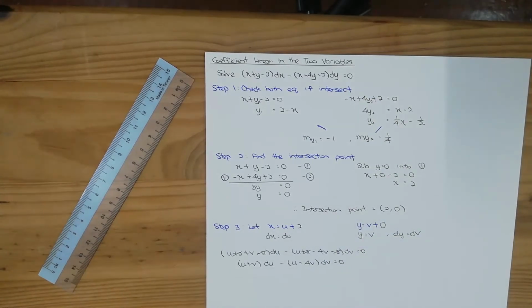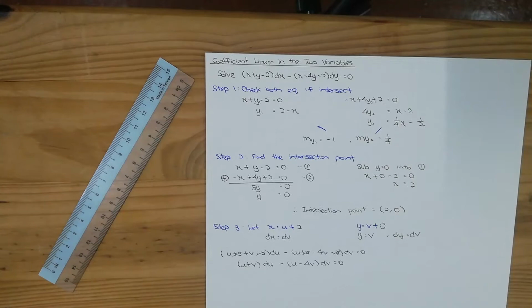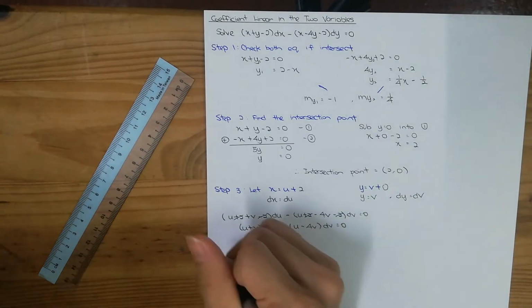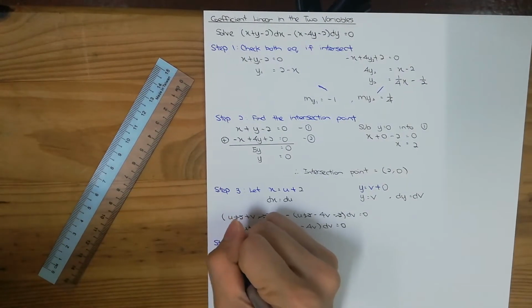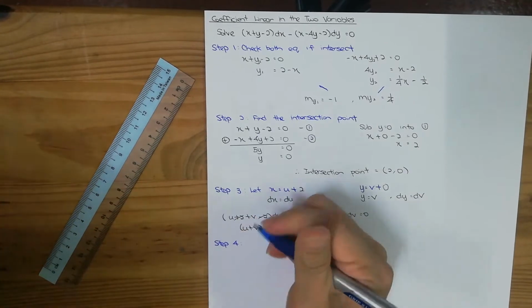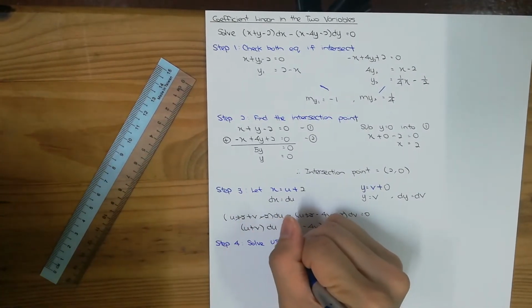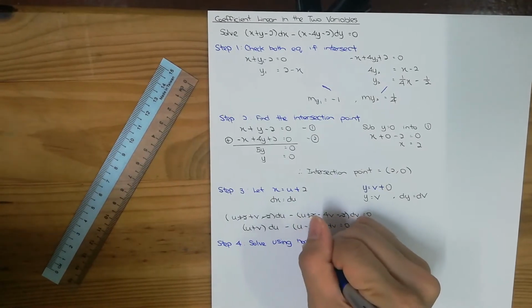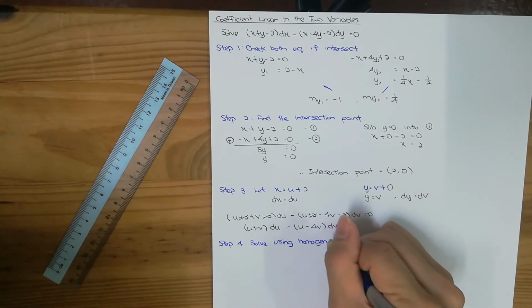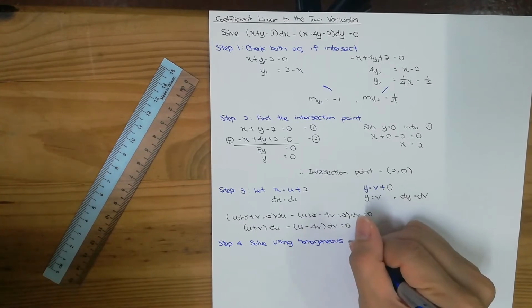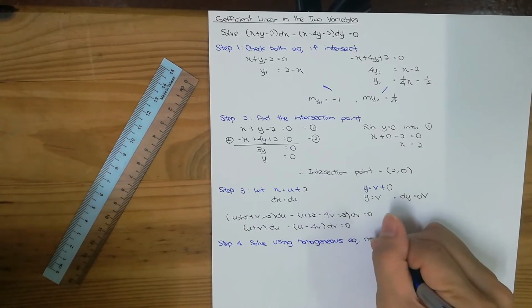So now we can solve the remaining equation using the method of homogeneous equations. So step number 4: solve using the homogeneous equation method.